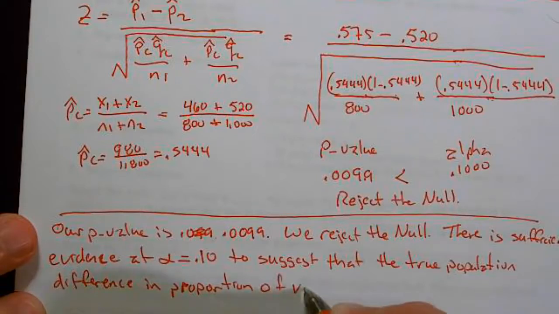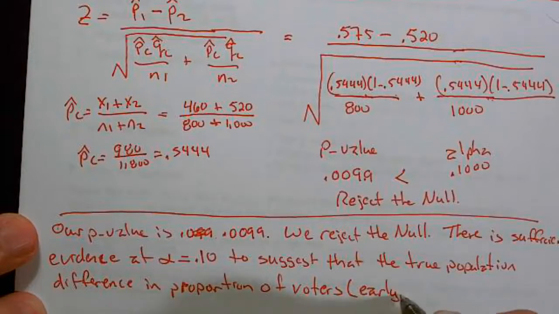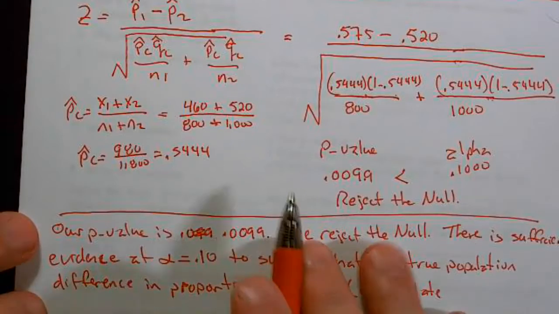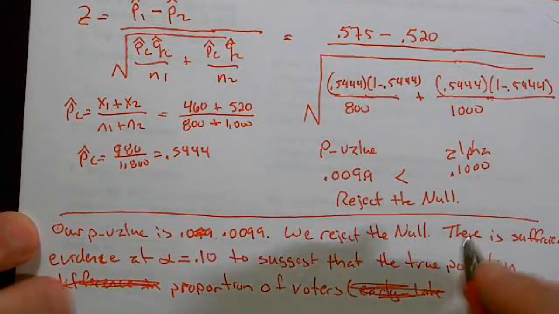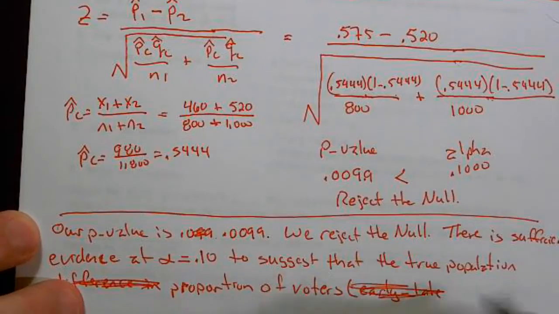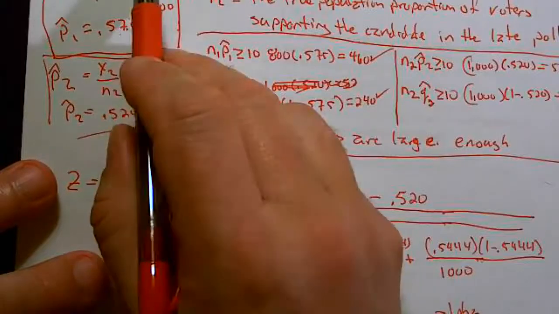of voters. Which order did we go? Early minus late. Oh, true population proportion of voters. It's not a confidence interval. True population proportion of voters was, what was our alternative?